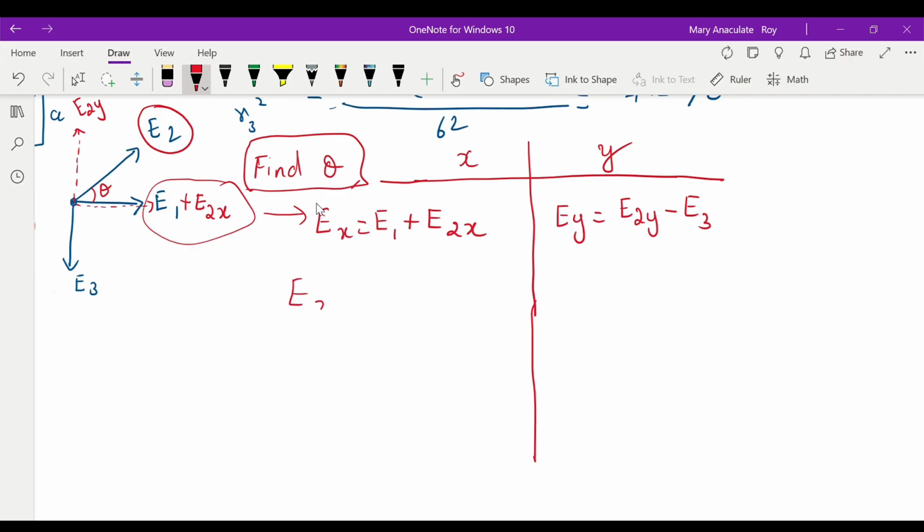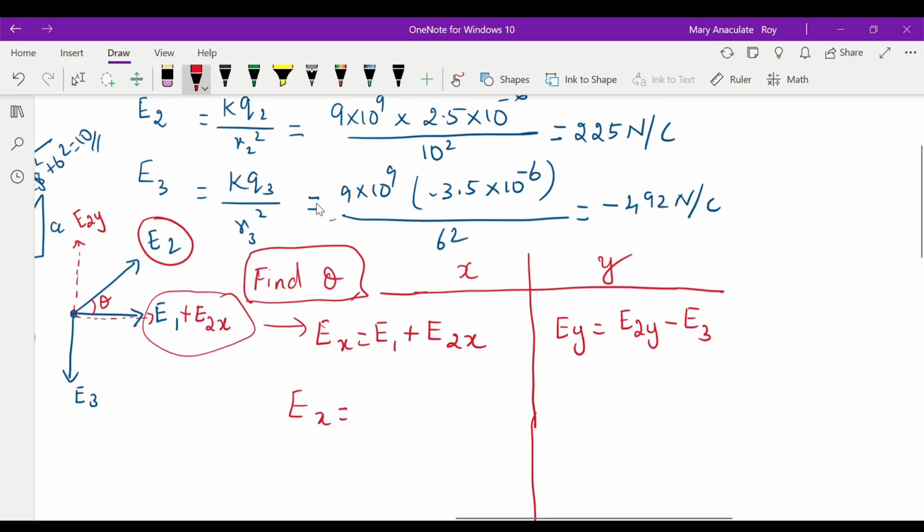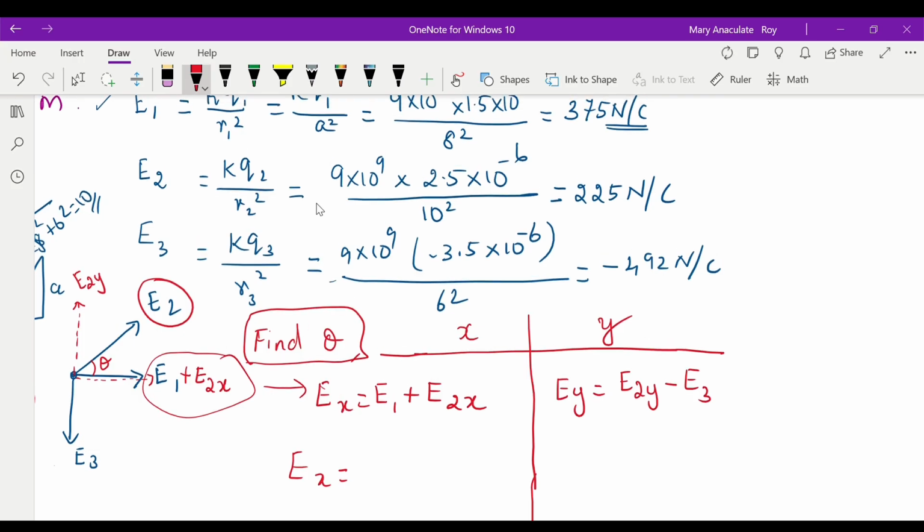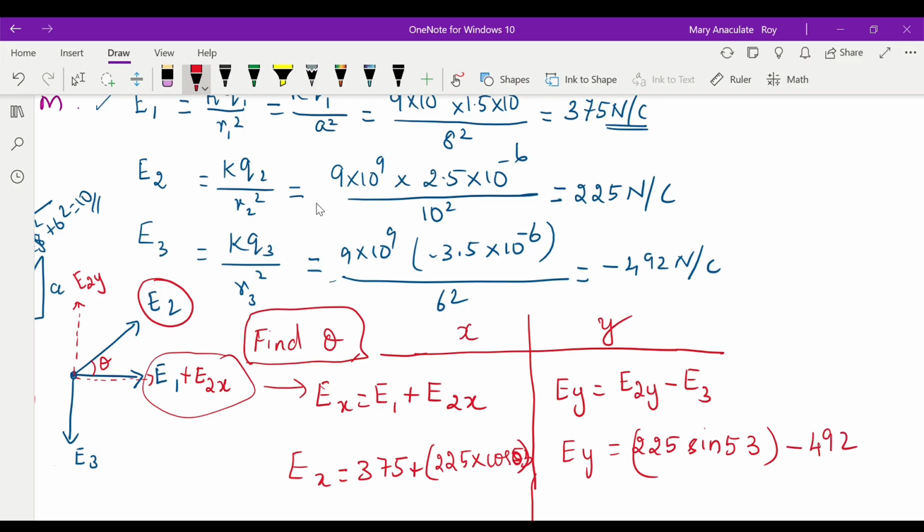So Ex is equal to E1, which is how much? 375. So 375 plus E2 is 225, so 225 times its x component, so we take cosine theta. Ey will be E2's y component, so 225 times sine 53, minus E3, which is 492, right?